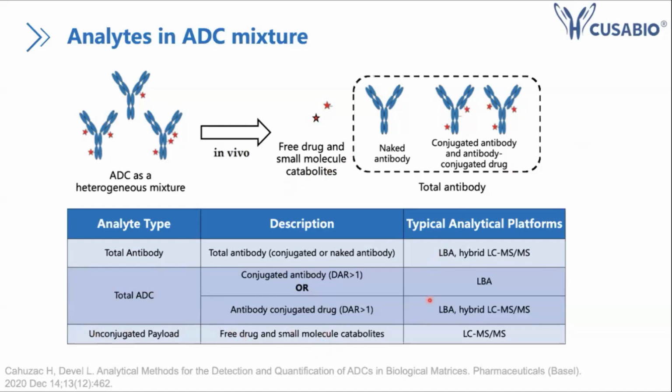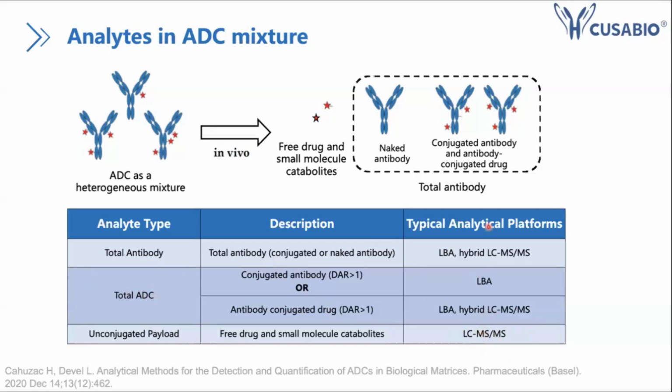So for different analytes, we will use different platforms to analyze them. For example, we have the LBA. LBA is the ligand binding assay. We will use this assay to characterize the antibody portion. And then for the free payload group, we will use mass spec to characterize it.